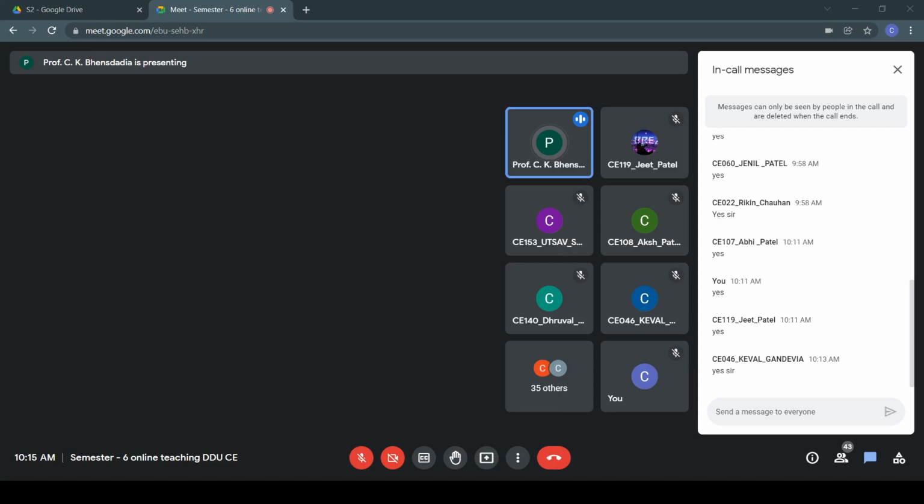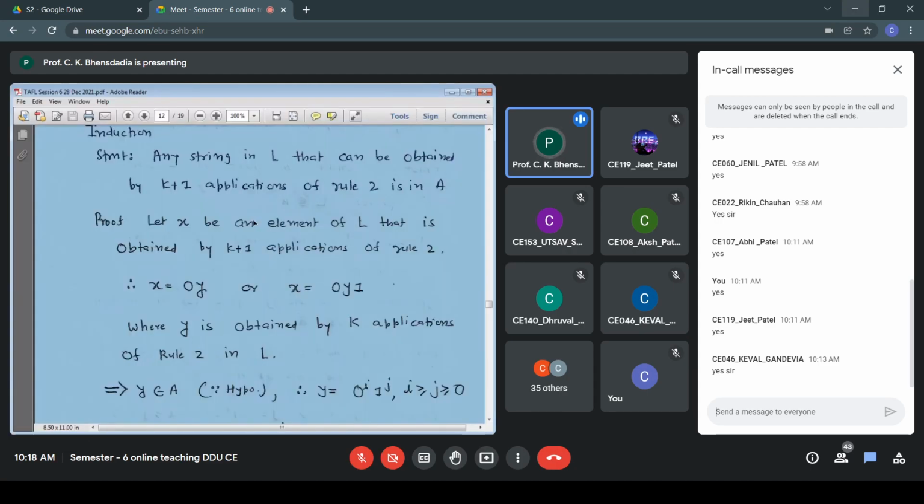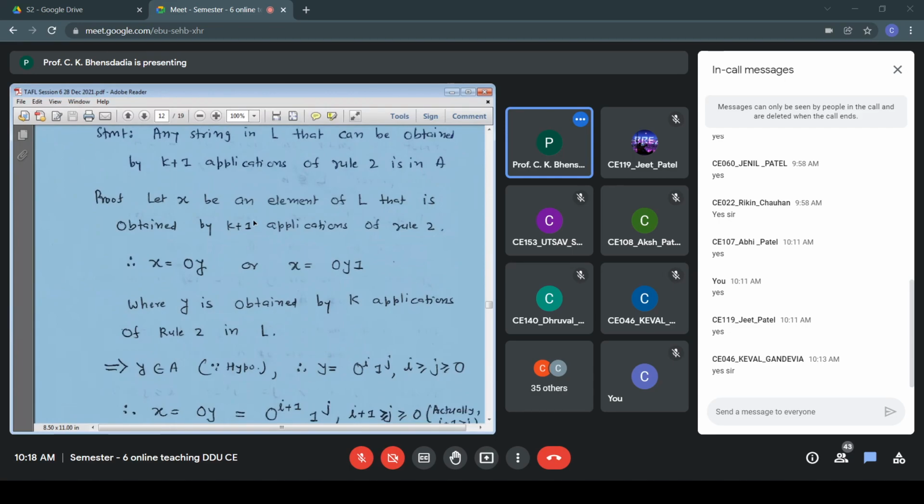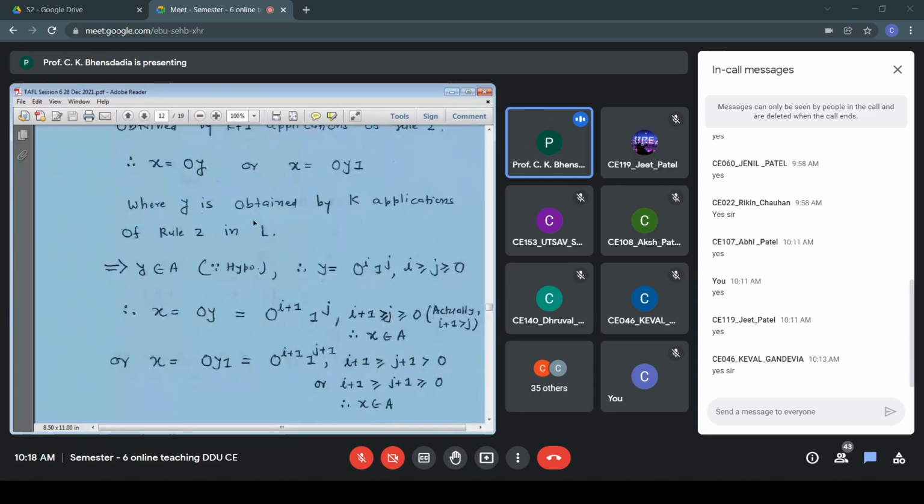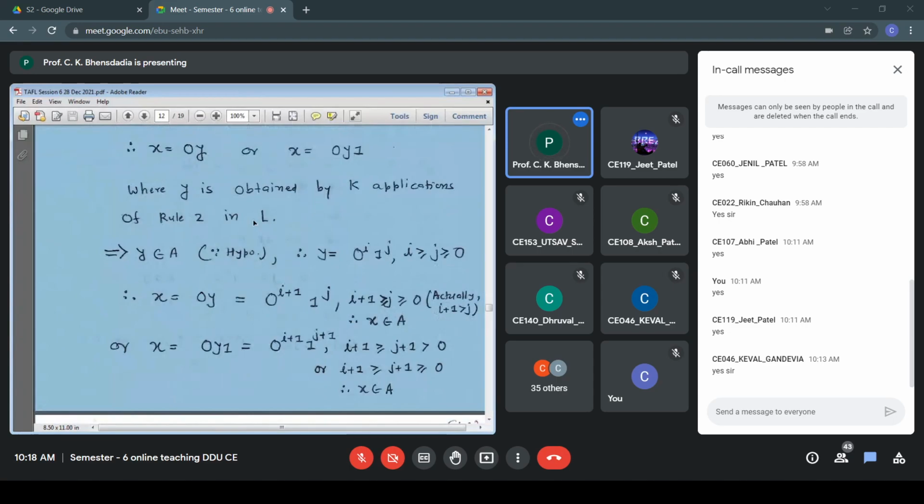Ultimately, we have to show that X belongs to A. We have shown till now that Y belongs to A, but not X. So what is X? My X is 0y or 0y1. Y equals 0 raised to i, 1 raised to j, and in the first case X equals 0y.